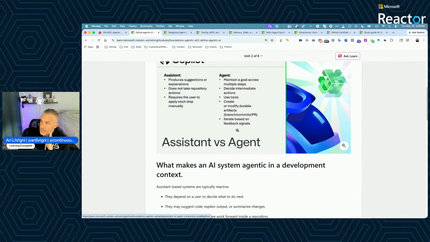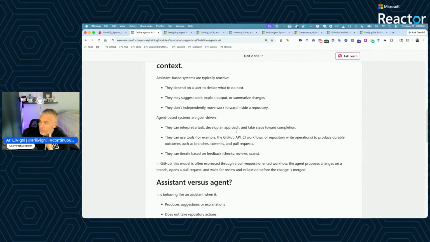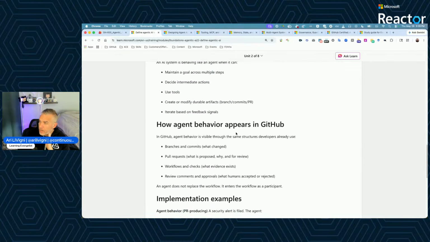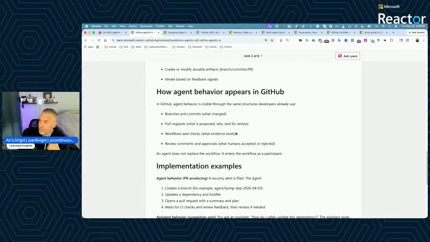And you want to keep that in mind. Assistant versus agent, how agent behavior appears in GitHub, branches and commits, pull requests, what is being proposed. Also reviewing. We have an agent that reviews our code that we can ask in our pull request to review that. That is an agent that's running in the background to do that task.